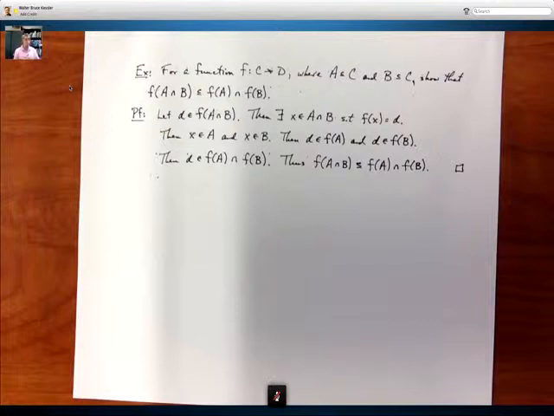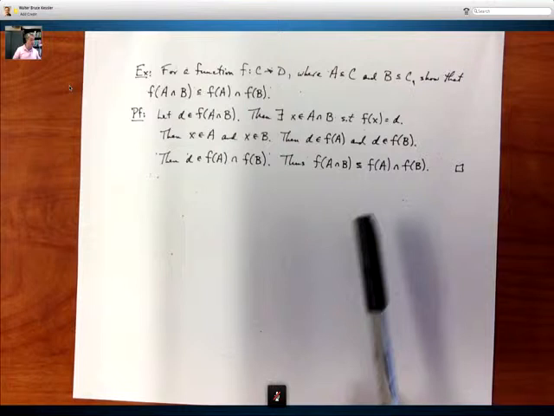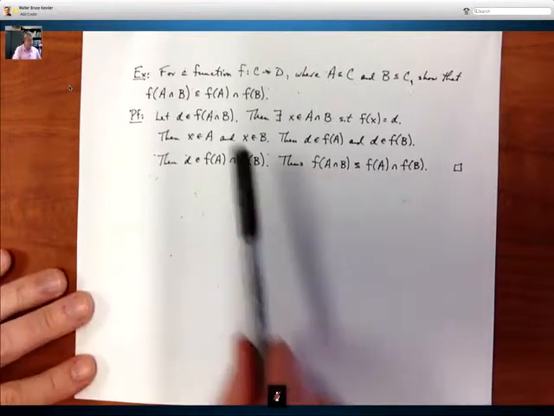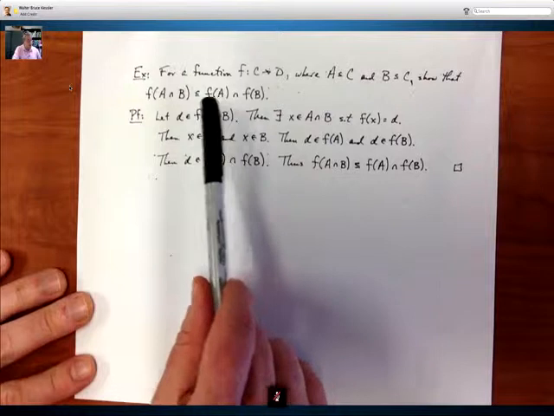Now, you might say, well, why don't you go ahead and prove it's equal? Well, it's not generally true that it's equal. If f is 1 to 1, it will be equal. When you think about it, let's say we're trying to go the other way.